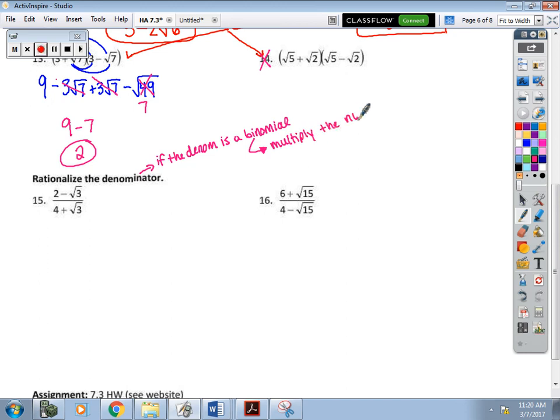numerator and denominator by the conjugate of the denominator. That will allow us to eliminate square roots in the denominator.